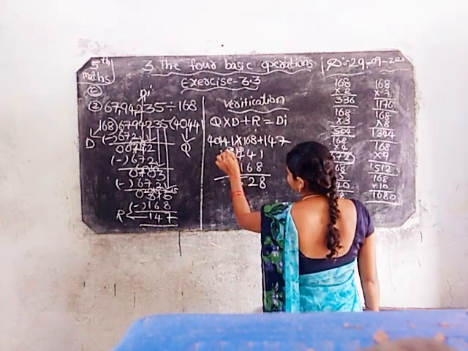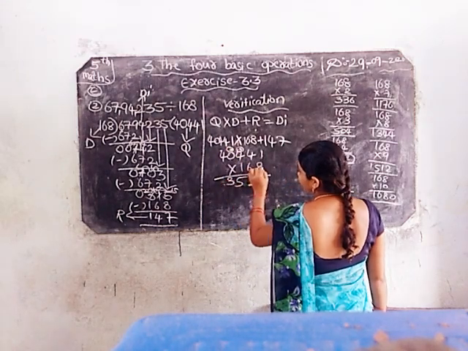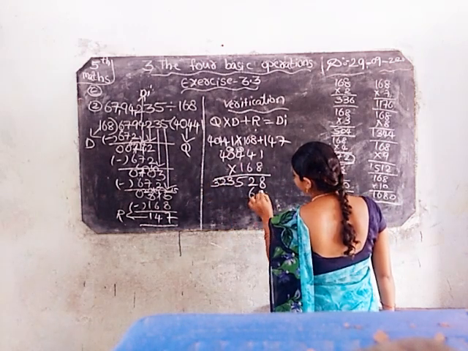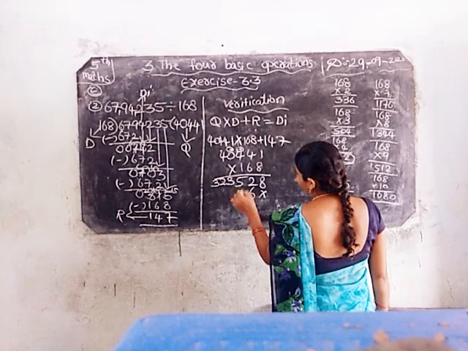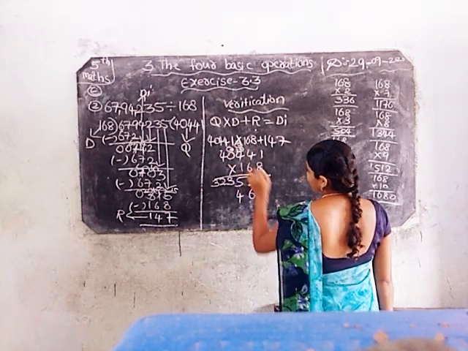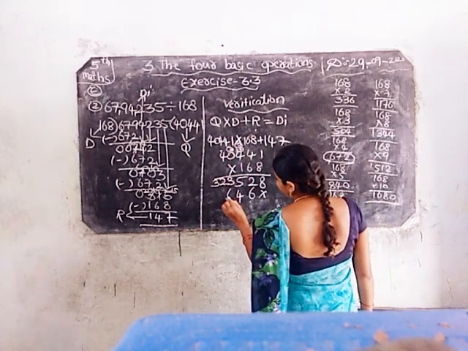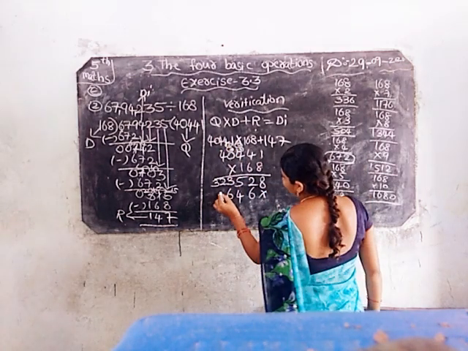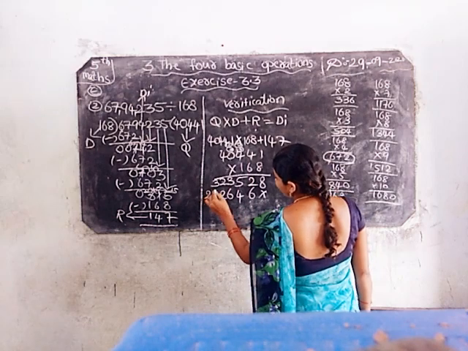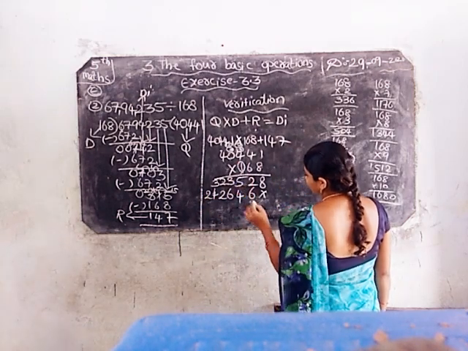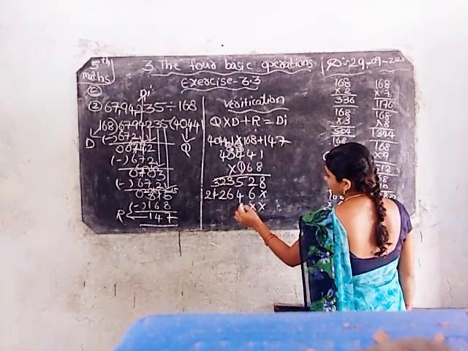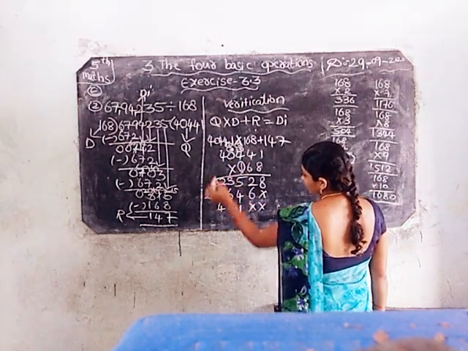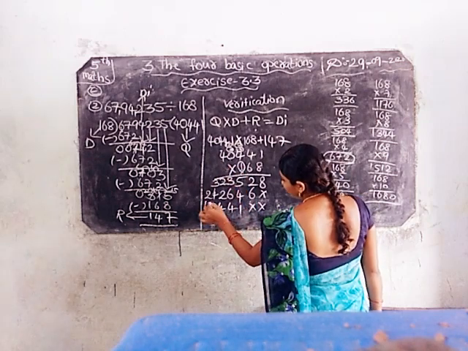5, 3 carry, 0, 3, 8 fours are 32. Then 6 ones are 6, 6 fours are 24, 4 carry 2, 6 zeros are 0, 6 fours are 24. Then 1 ones are 1, 1 fours are 4, 1 zeros are 0, 1 fours are 4.